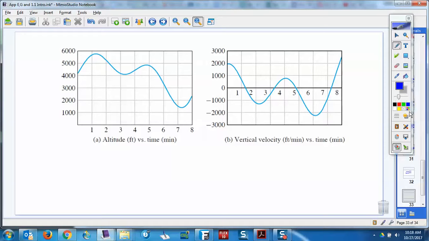All right, so turn the page and you have these two graphs. So we have a balloon. We have this balloon in the Kansas prairie, and we have these two graphs. Okay, so look at the units on the graphs. Look at the units on those two graphs.